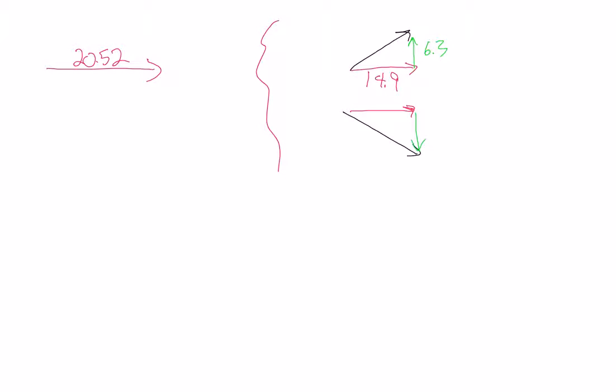So using conservation of momentum, let's do our horizontal first. We have 20.52 as our initial. That has to equal our final. So we have 14.9 in the final direction, plus the one that we're looking for. We just have to solve for x: 20.52 minus 14.9 gives us an answer of 5.62.